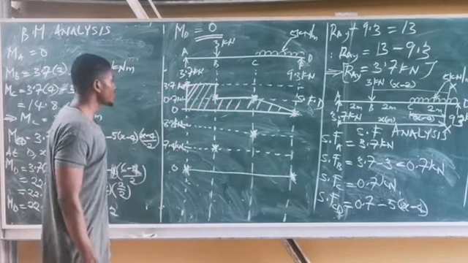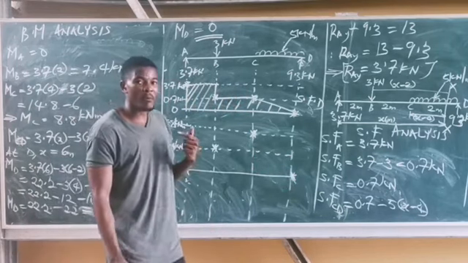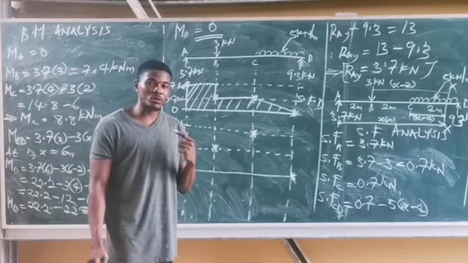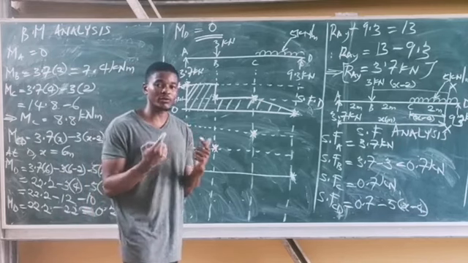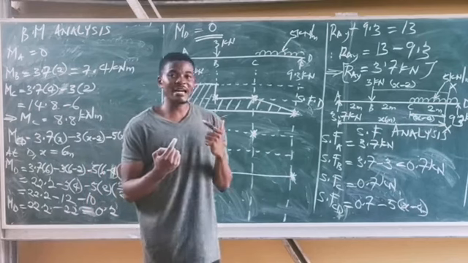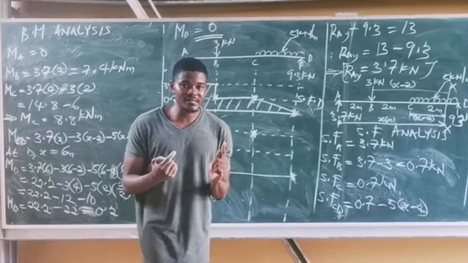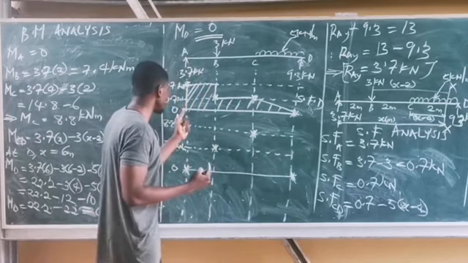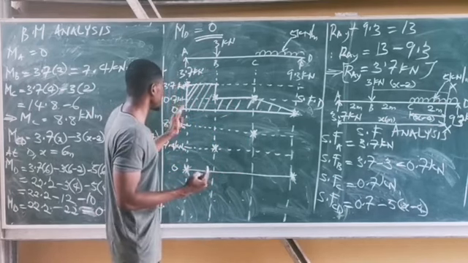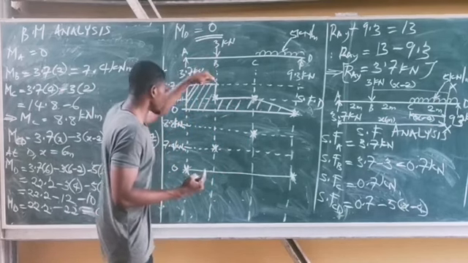Now, just like we said, the moment diagram for a point load is a slant line. Take note of the difference. The shear force diagram for a point load is a straight line. That's why you have a straight line for this point load, 3.67 kilonewtons. This is also a point load, so it comes down.